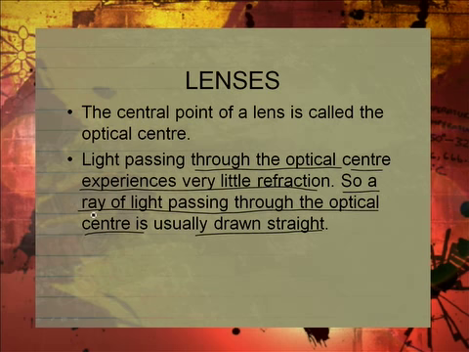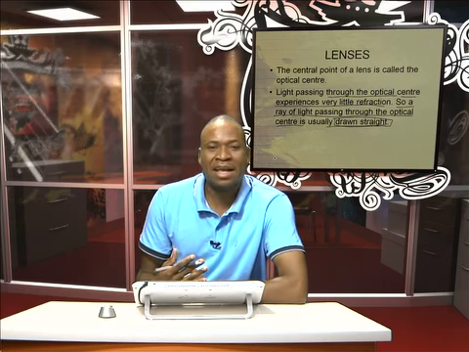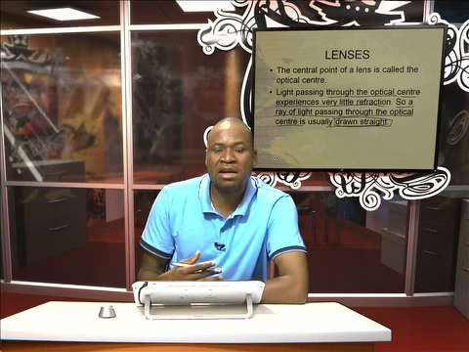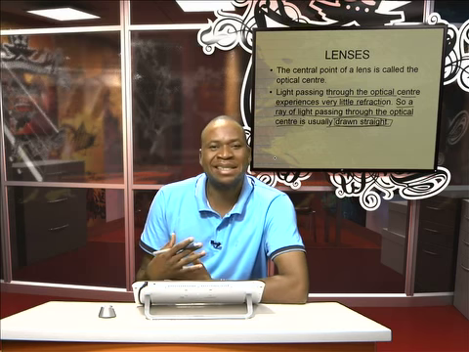So a ray of light passing through the optical center is usually drawn straight through that center. It doesn't show any change in direction, because refraction is the change in direction of a light ray as it passes from one medium to another of different optical densities.